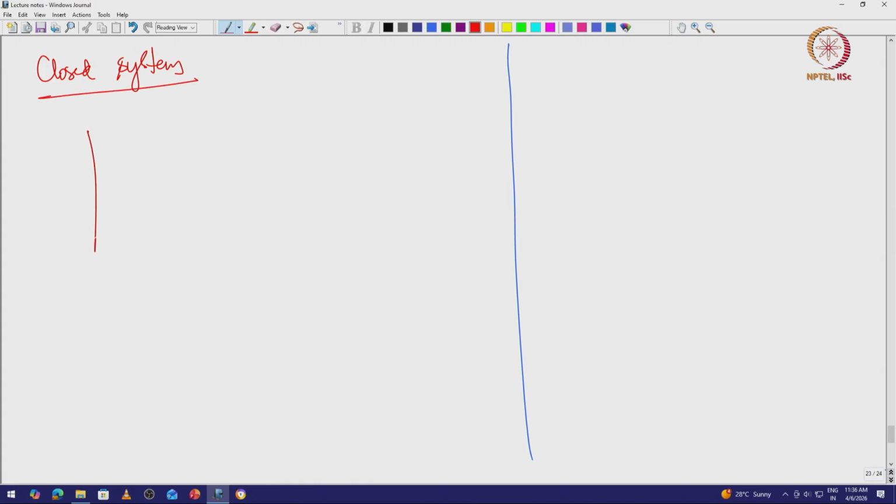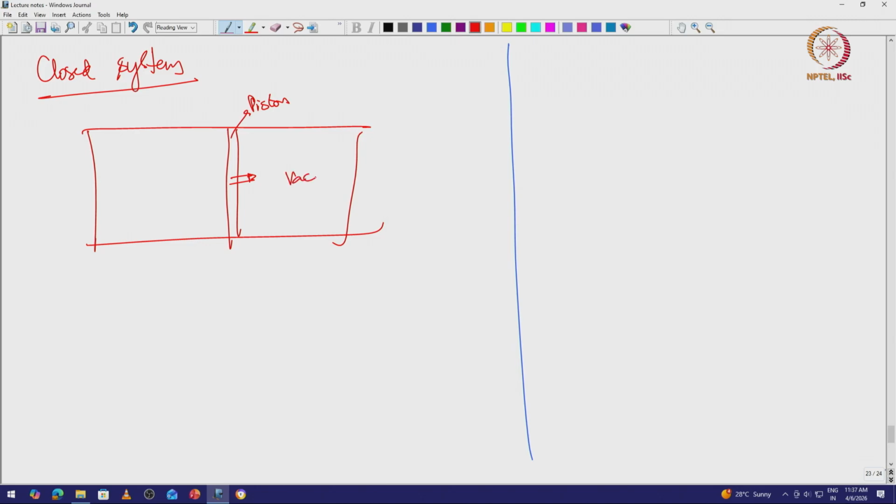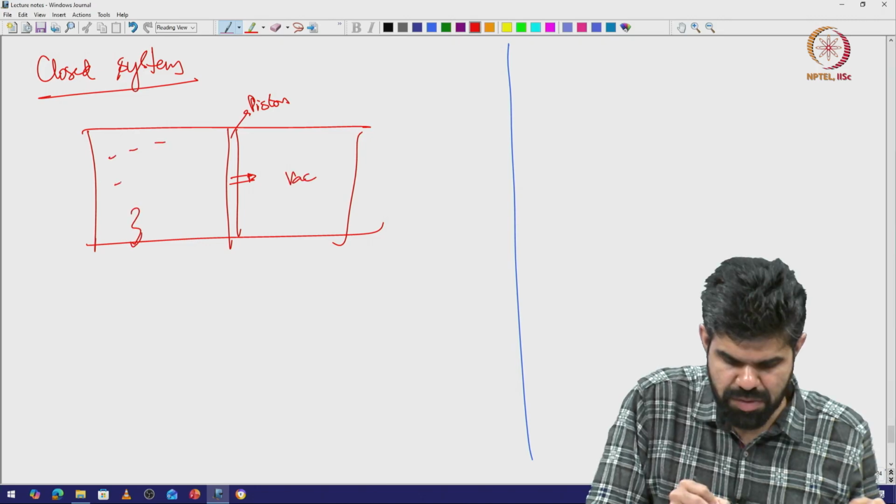Again, this is a system of, I have a piston. So, this is a piston, this is vacuum, and there are some gas molecules here.